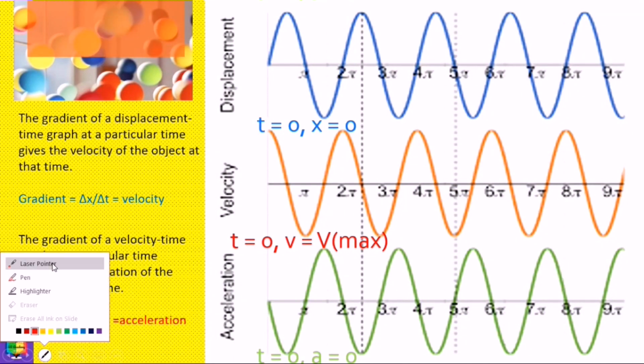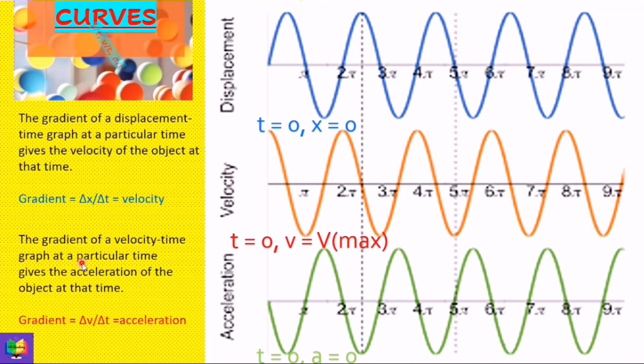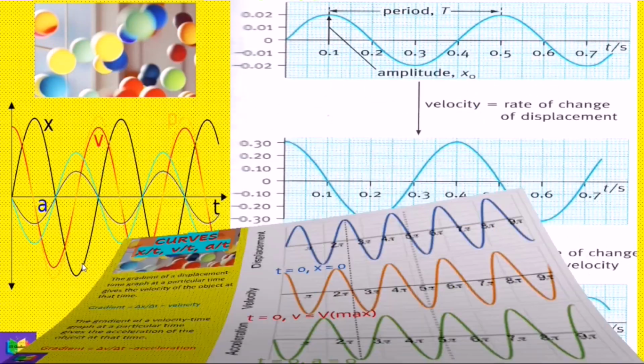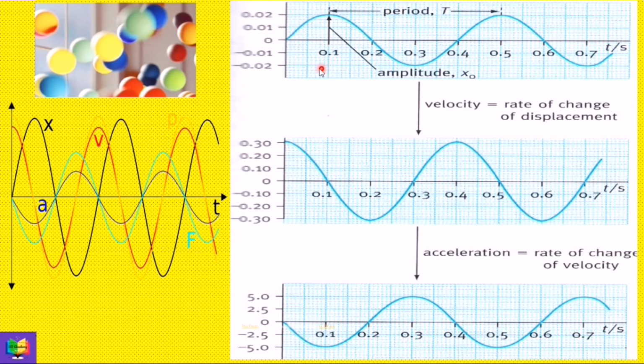Now on the next page again I have shown three kinds of graphs: the idealized graph for displacement against time t, velocity against time t, and acceleration against time t. It must be clear to you now that all these graphs follow the same general form, that is they are sine waves or are sinusoidal in nature.